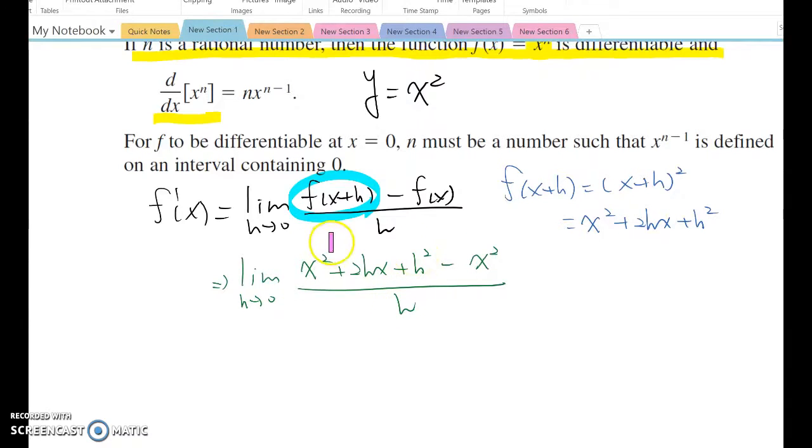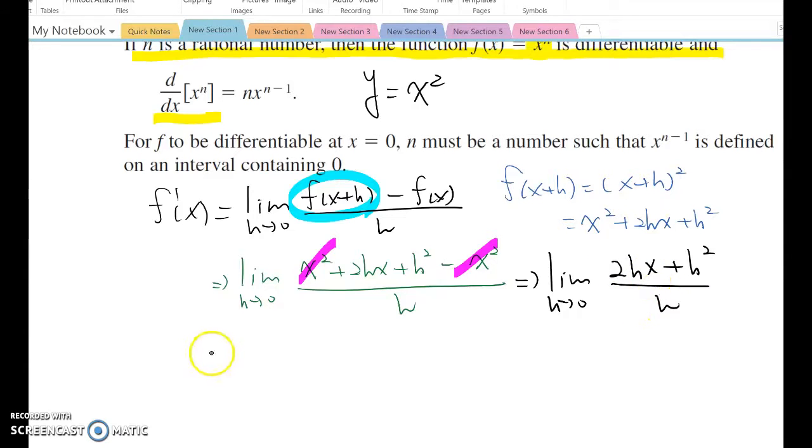Therefore, you can cancel out this and this. So it is going to be the limit as h moves to 0 of 2hx plus h squared over h. Factor out h, then it's going to be 2x plus h over h.